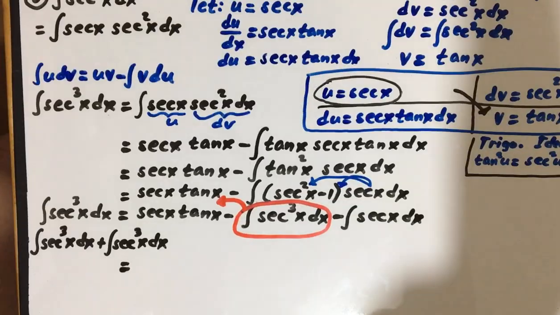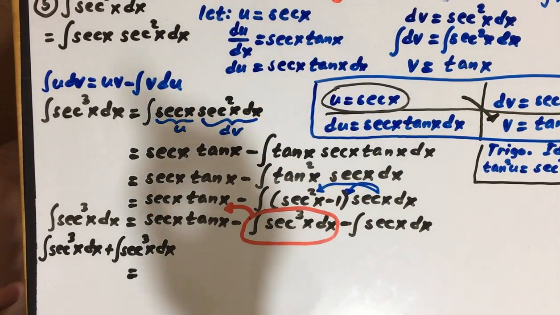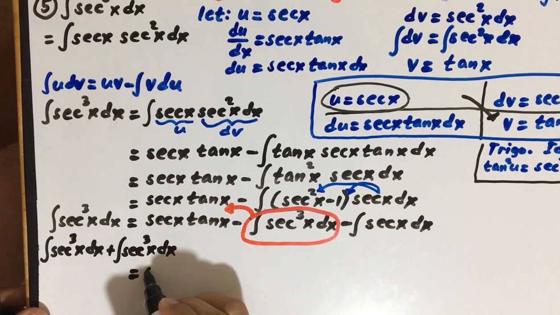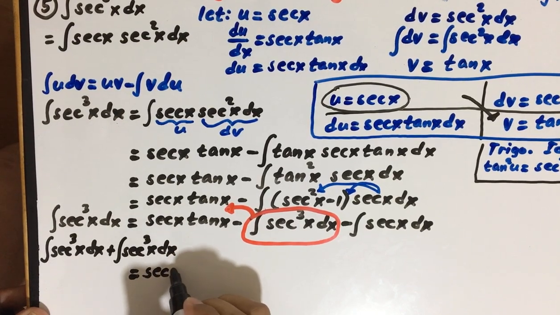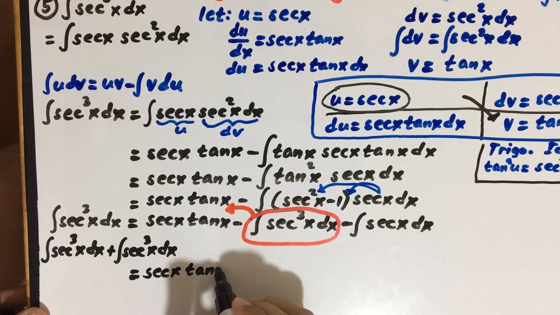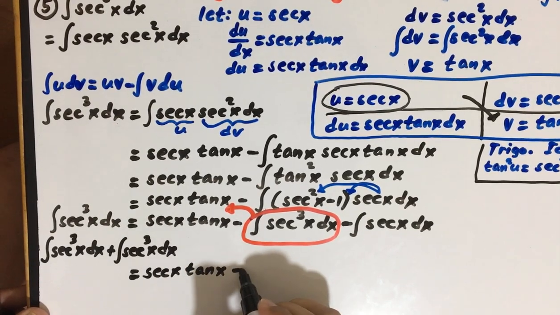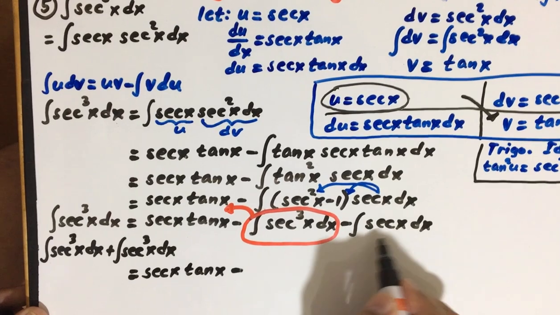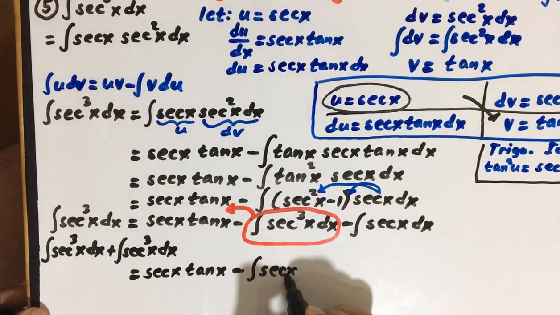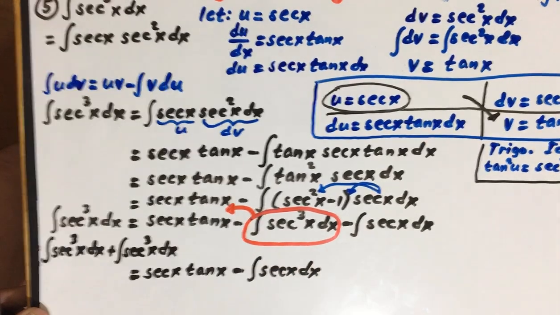Okay, so I will put the equal sign here. So rewriting this, we have secant x times tangent x, then minus, what is left here, minus the integral of secant x dx.